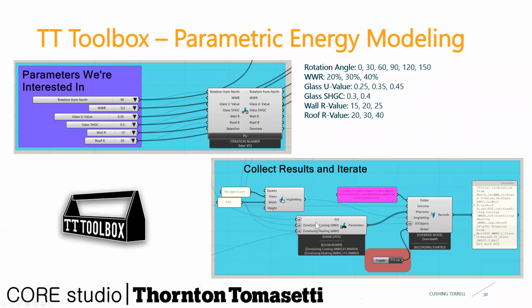And so you can also grab outputs. In this case, I just grabbed those 3 outputs I showed earlier, the EUI and then the zone sizing, cooling, and heating. And you drag those into this object and make sure it's set to write. And then you let the toolbox fly.